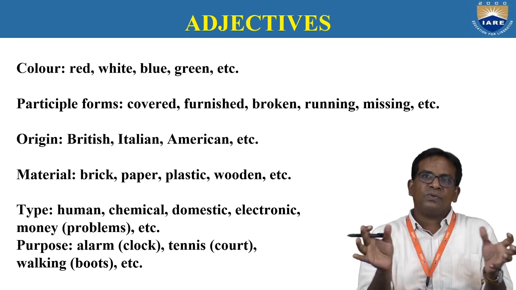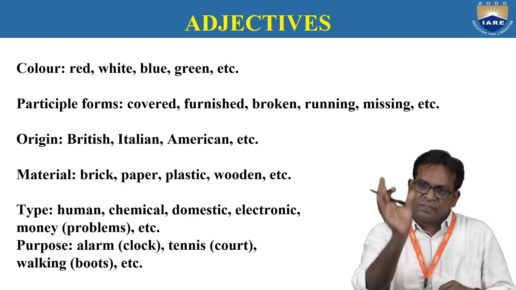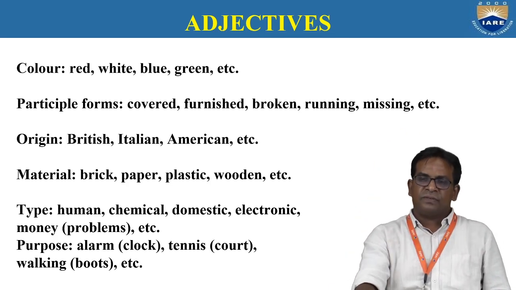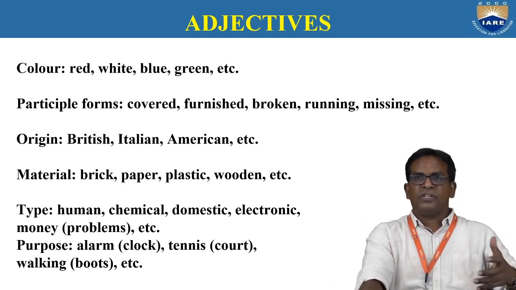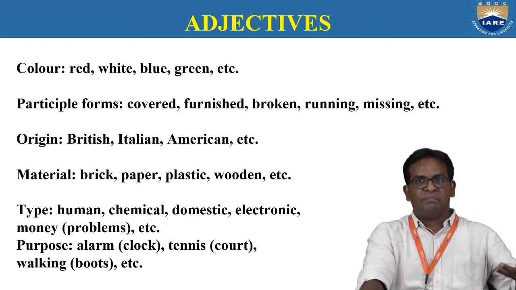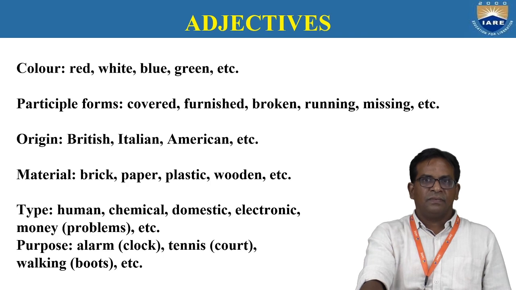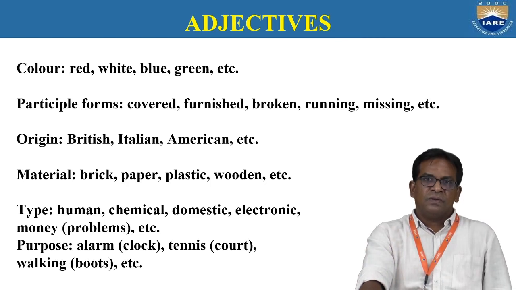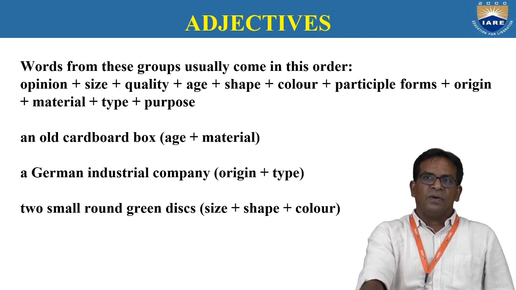So, we can use these adjectives systematically according to the context demands. Origin: British, Italian, American. Material: brick, paper, plastic, wooden. Type: human, chemical, domestic. There are many words. Stop using all these four words and use these kinds of words.